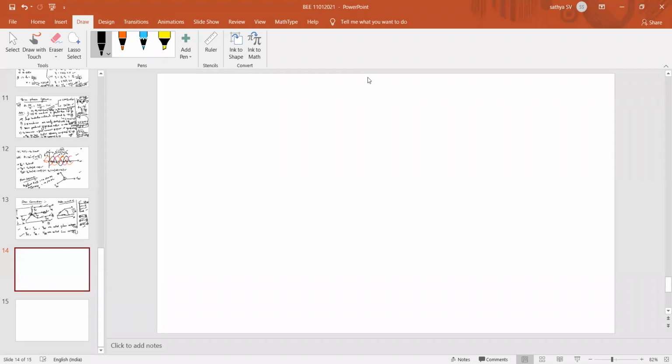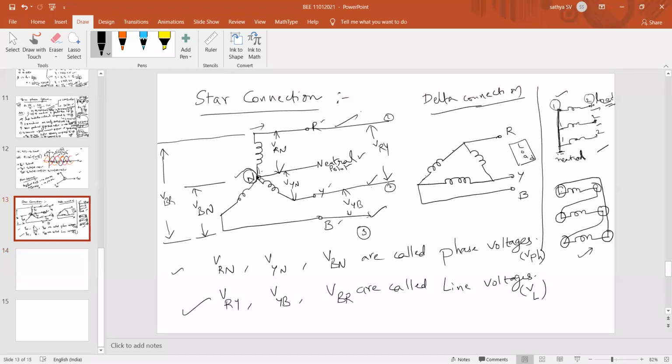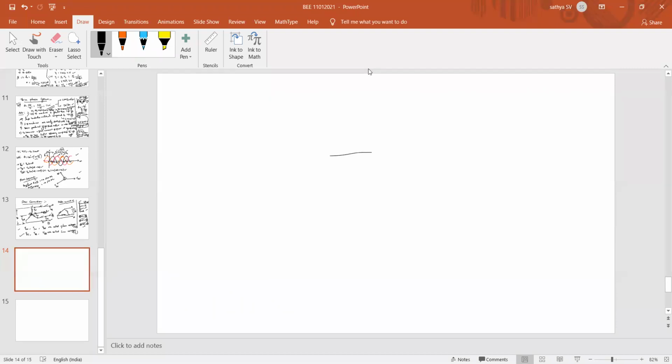Now, from what we represented as the voltage values in star connection, I am going to draw the vector representation for that. Vector representation is very important. VRN, maintaining 120 degrees as VYN, and furthermore 120 degrees VBN.